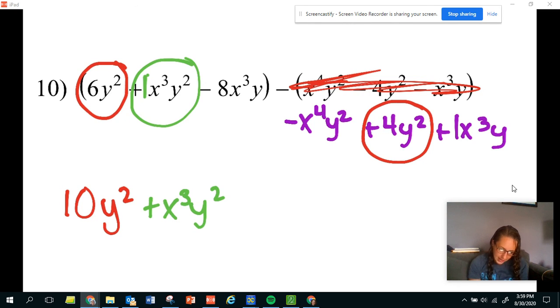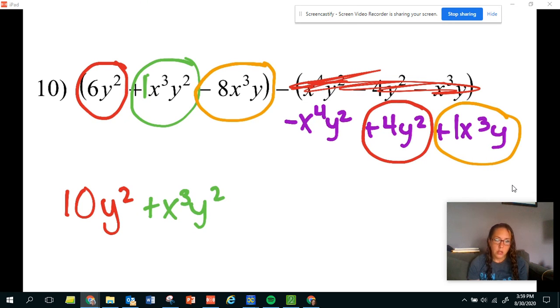Okay, then the next thing we have is x3y. I've got one of those over here. So you're just matching. It's a lot of letters and numbers, but you're just matching.